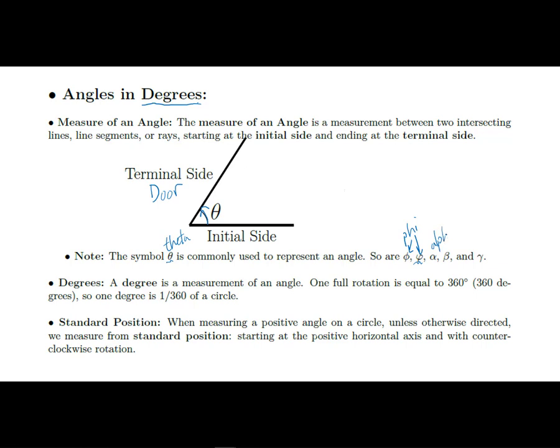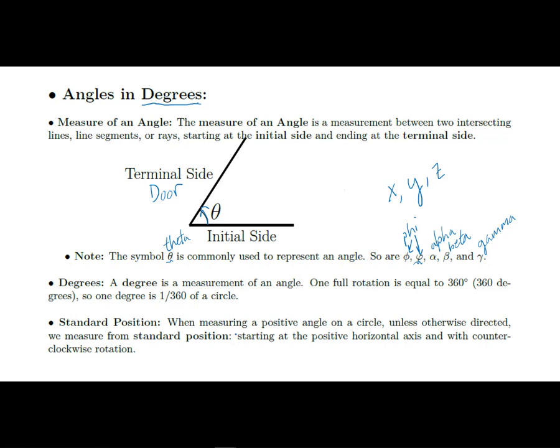Alpha, beta, and gamma. Those are all symbols that you'll see throughout this course. And of course, we'll use some of your typical favorite algebra letters, X, Y, Z, and so on.